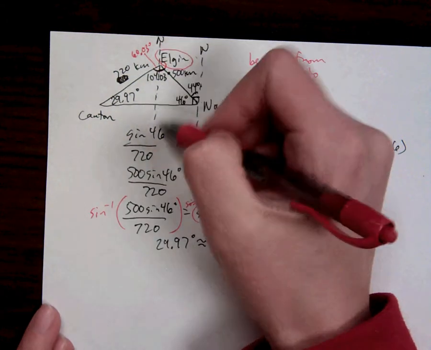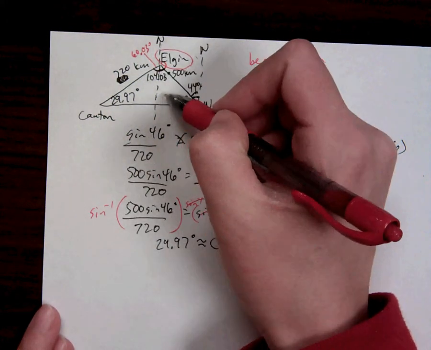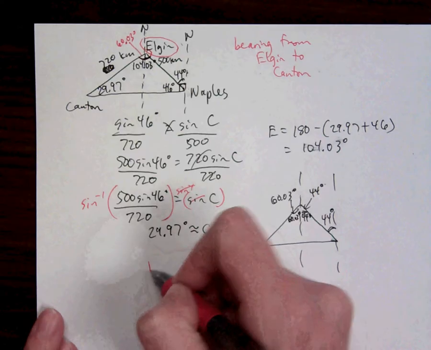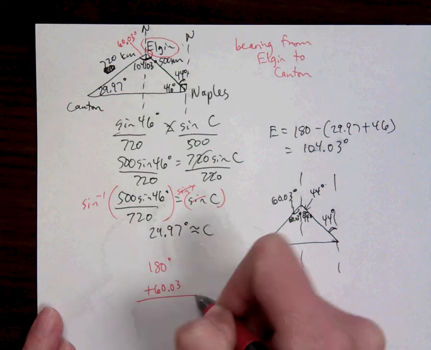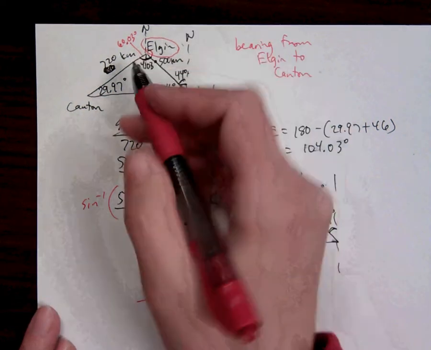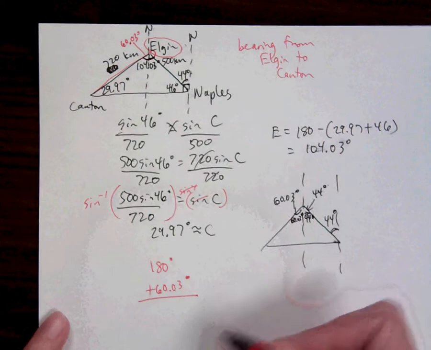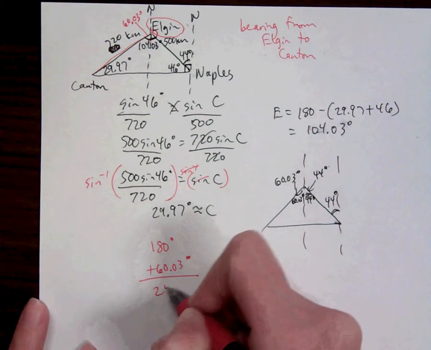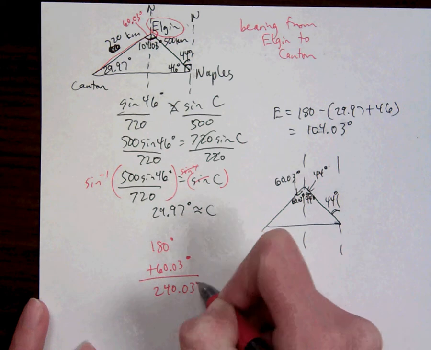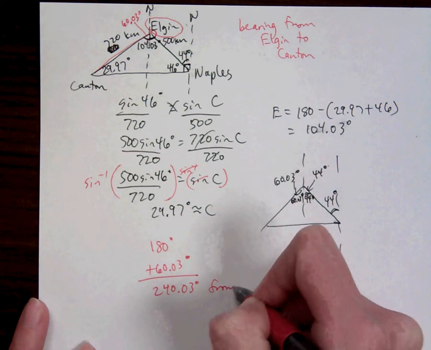What I mean is the north to south line, that's got to be 180. It's halfway around a circle. So if we do 180 degrees plus the 60.03 degrees past that, we'd have our bearing in terms of from north. So 240.03 degrees from north.